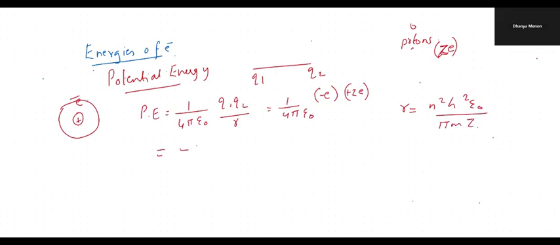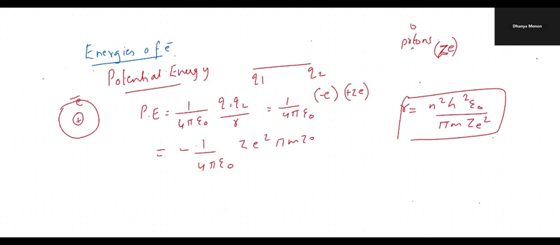This is the value of R, so we substitute it over here. When we substitute, there's a minus, I just took this minus out: 1 by 4 pi epsilon naught Ze square times pi m Ze square by n square h square epsilon naught.